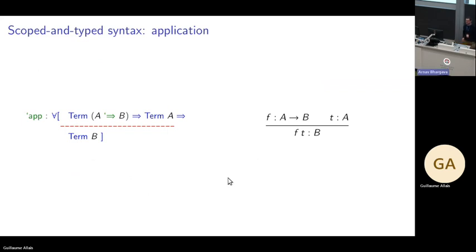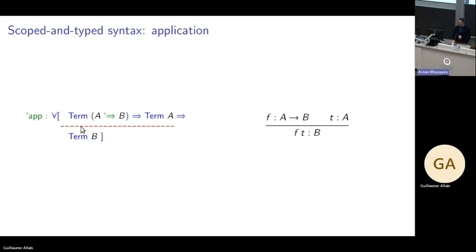So once we have variables, we can also have applications. And because we are in the business of ensuring that all the programs we write make sense, we are pushing our types onto the terms. Our application only makes sense if the function actually is a function type, and if the term that we take as an argument has a type corresponding to the domain of the function.